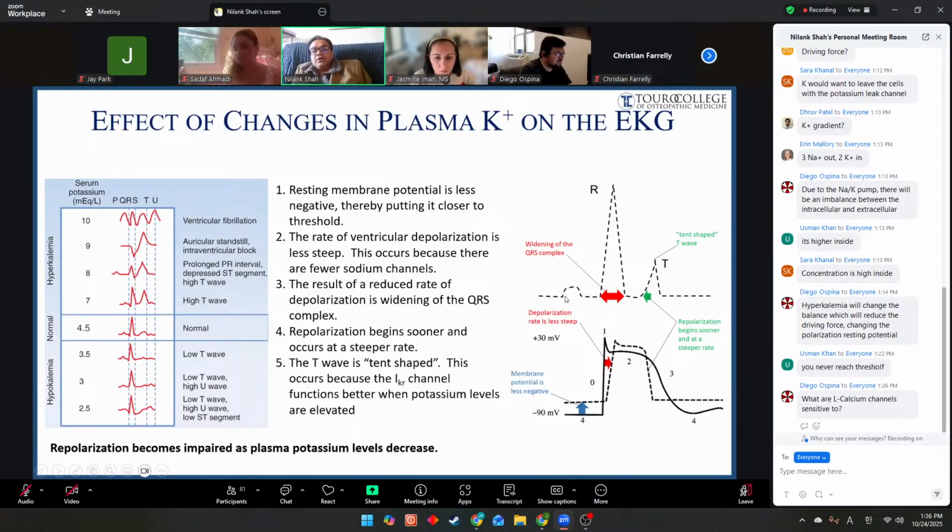What would happen to the PR interval? The P wave is here and R is here, right? So what would happen to the PR interval in hyperkalemia? Would it shorten because the resting membrane potential is less negative and it is hyperexcitable?